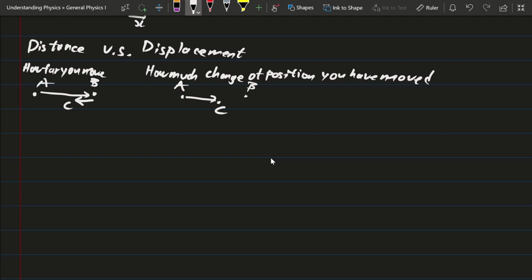So, we want to also differentiate between speed and velocity. In this case, we want to do average speed and average velocity first.